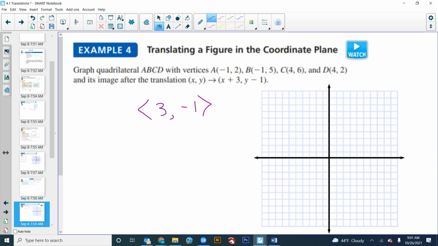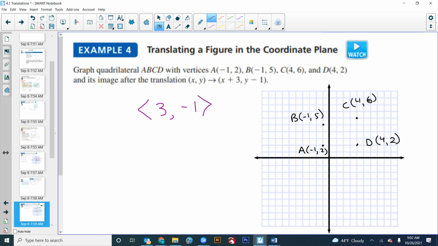All right. -1, 2 is A. -1, 1, 2, 3, 4, 5 is B. 1, 2, 3, 4, 5, 6 is C. And 1, 2, 3, 4, 1, 2 is D. Oops, I did something wrong.